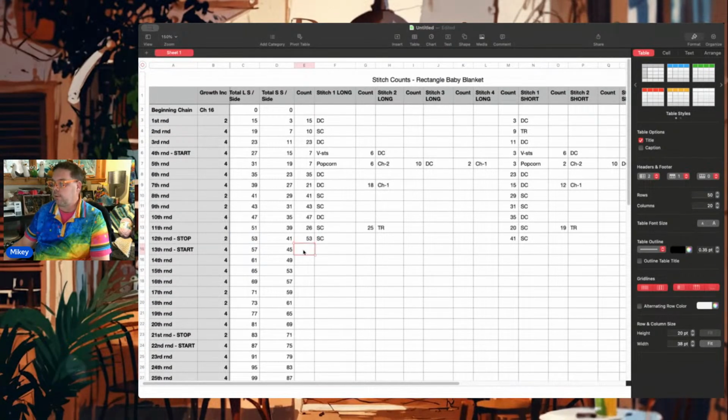So now what we have to figure out mathematically is what is going to be the repeats. So we know the growth rate is always the same, but this information right here is going to be critical. So we know that there's V stitches.